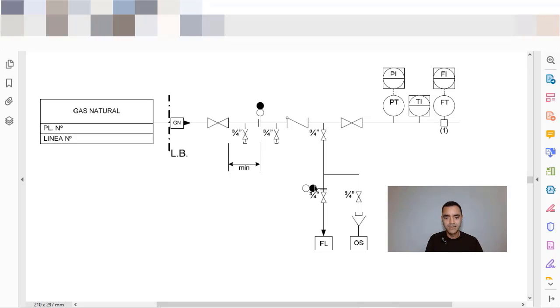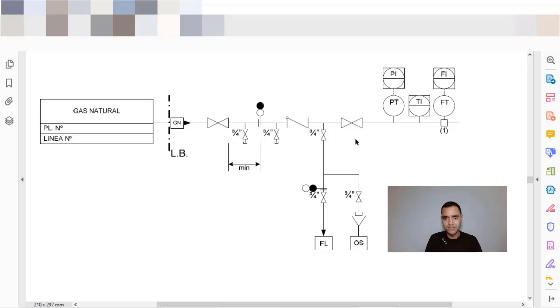It means that this figure 8 is closed, and here you have the flare. So these lines here are for venting to flare or draining to the oily system. That's why there is a figure 8 here, to make sure that the system is isolated.